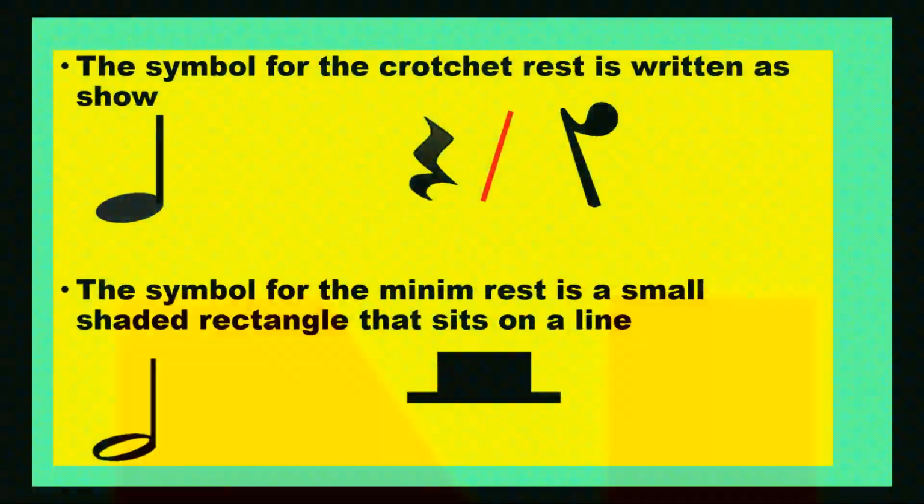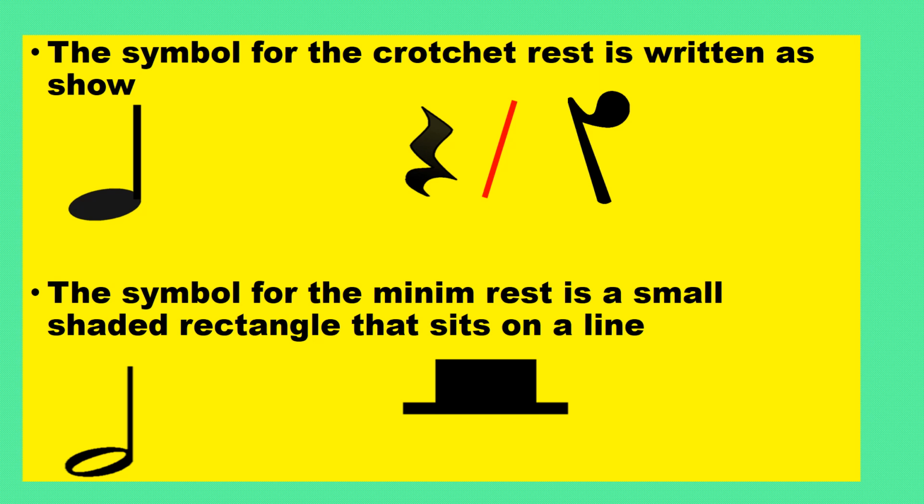Musical notes and their rests. Now we want to look at the rests, the different rests according to the notes. So we look at this as we progress. The symbol of the crotchet rest is written as it's shown here.